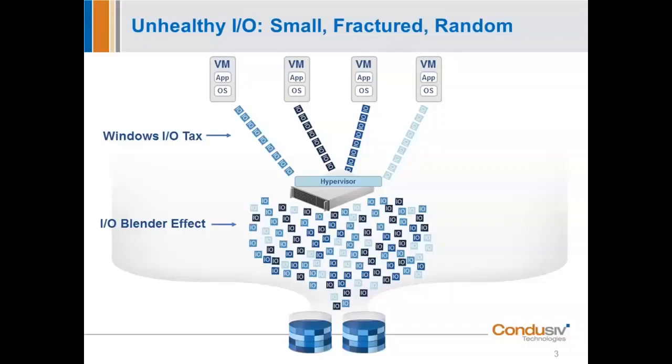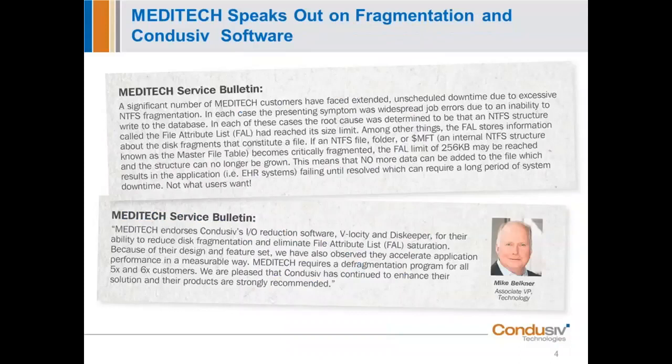Yeah, well, thank you, GQ. Given all of these issues around extremely fragmented and random I/O, this is where we come into play, trying to mitigate all of that occurring in both your MEDITECH and non-MEDITECH environments.